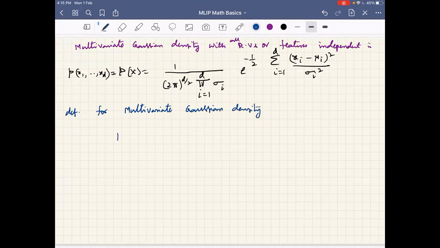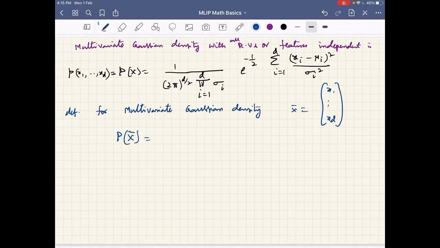So this is P of x, where x may be x1 to xd. Please note that I will write x bar just to make this explicitly look like a vector, and no independence is assumed here.